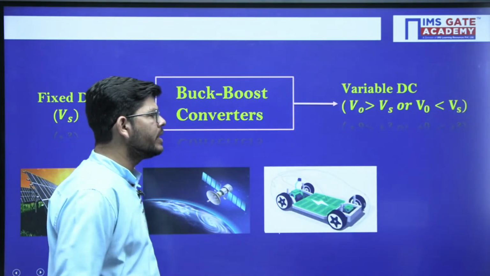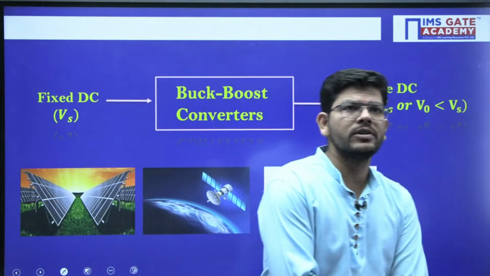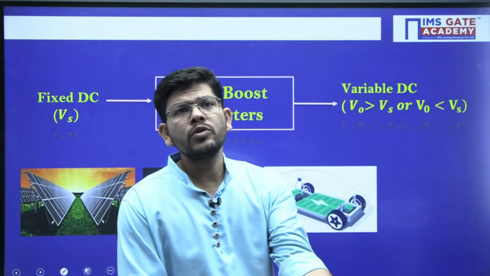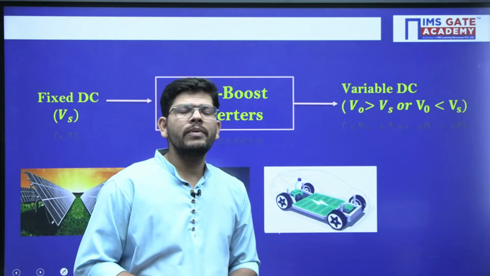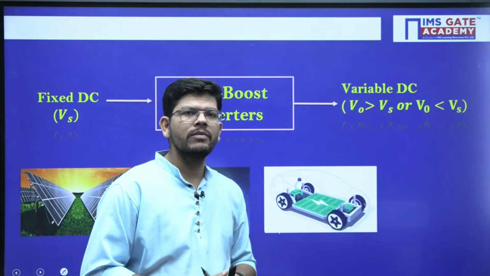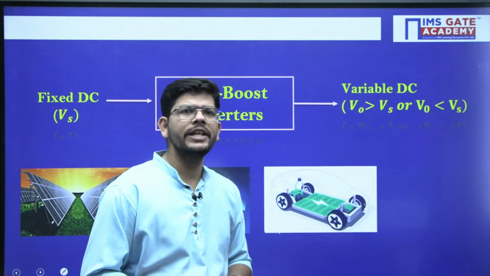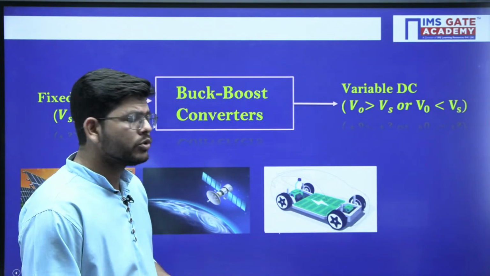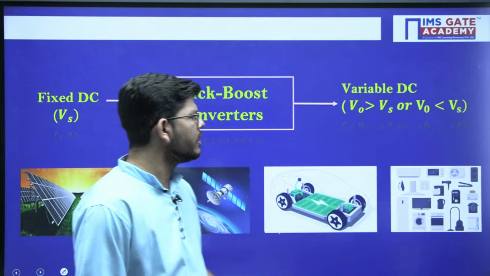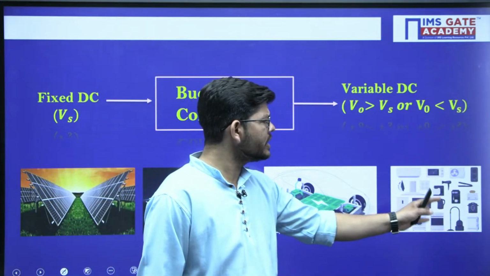Similarly, we have hybrid electric vehicles as well. In an electric vehicle we need both: to supply the accessories we need to step down the voltage, and to supply the motor we need to step up the voltage. For that purpose we need Buck-Boost converters. Last but not least, home appliances.